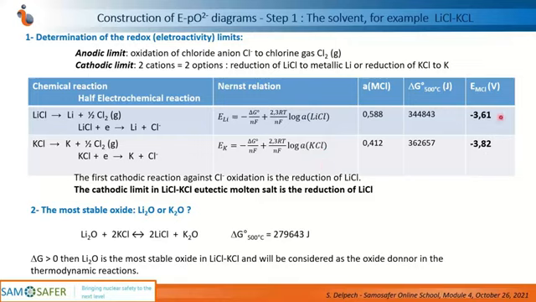When we do the calculation, we obtain these values of potential, and we observe that the potential of lithium chloride reduction is higher than the potential of reduction of potassium chloride. Then the cathodic limit in lithium potassium eutectic molten salt is the reduction of lithium chloride.